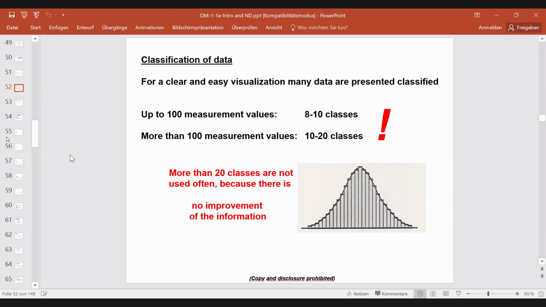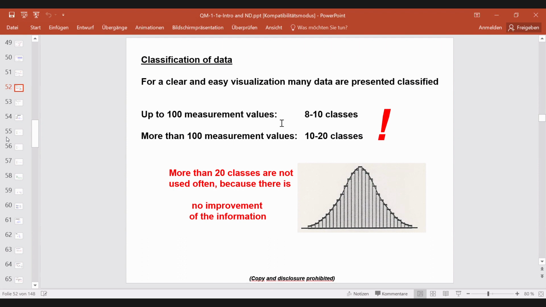Now, up to 100 measurements, we can classify the data. So this means the measurements, in many cases, they define classes and put the data into the classes. So in a visualization, not every single measurement is shown, but only the height of the bar is the height of the class.